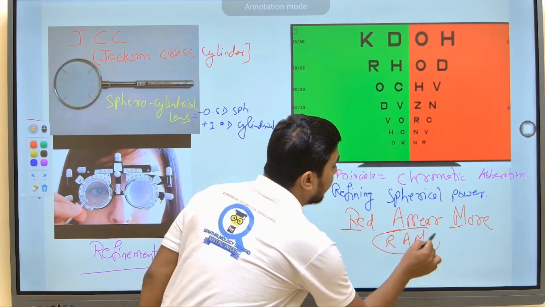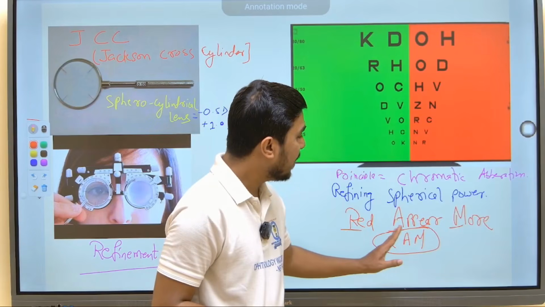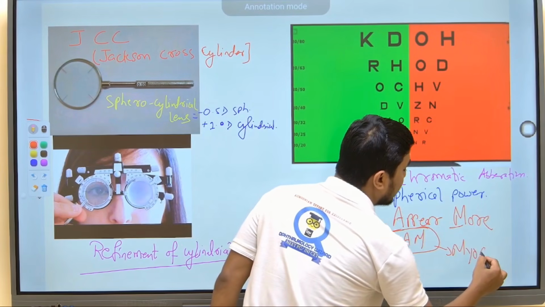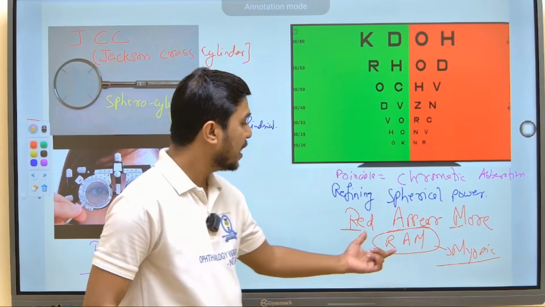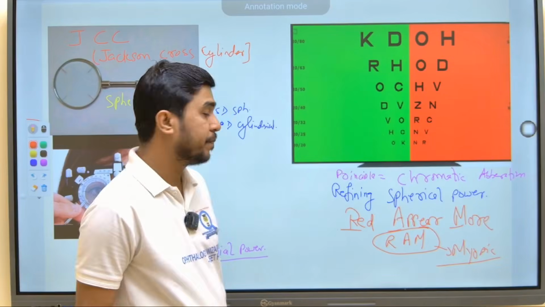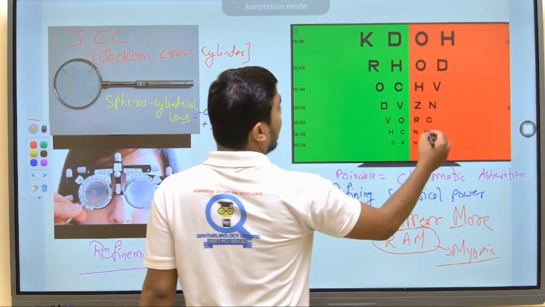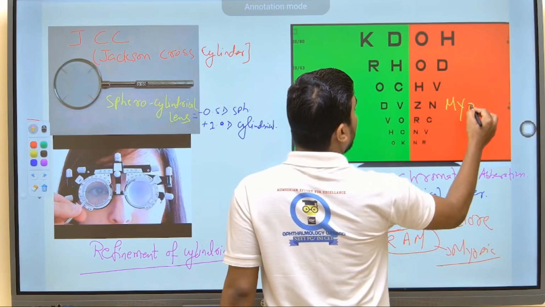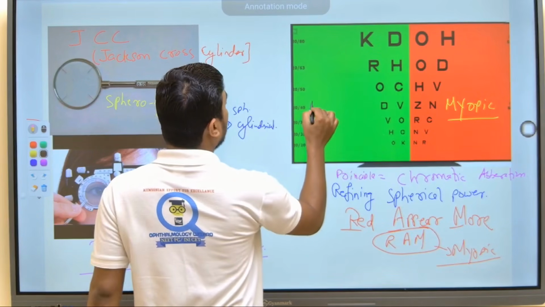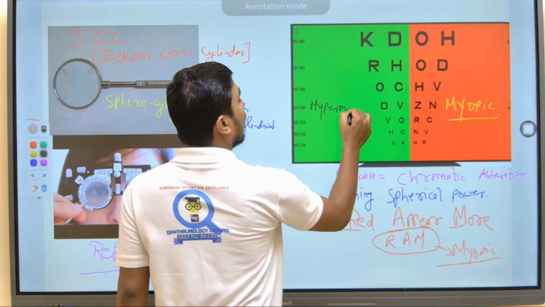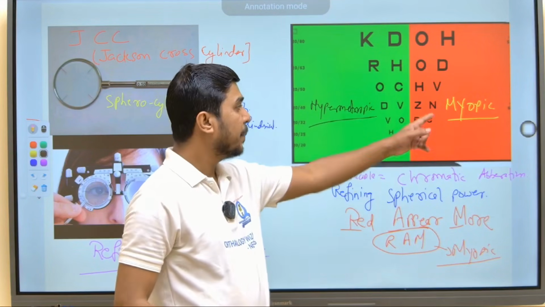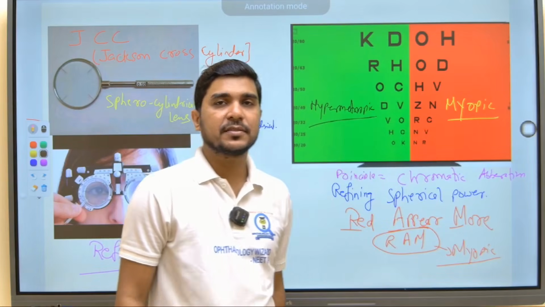That means the patient is myopic. Understood? Remember the mnemonic RAM, red appears more, it is myopic, M for myopic. If this area appears more, this is myopic, and vice versa. If this area appears more, this will be hypermetropic. Understood? Easy. Red appears more, myopic, RAM, remember only this.